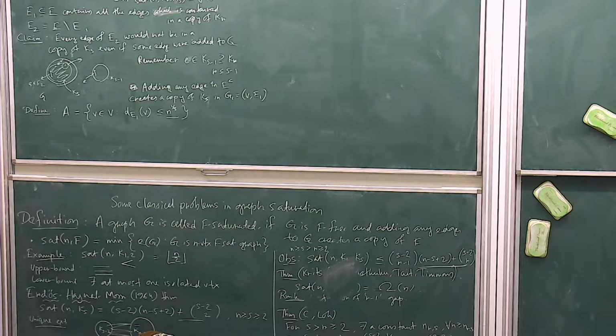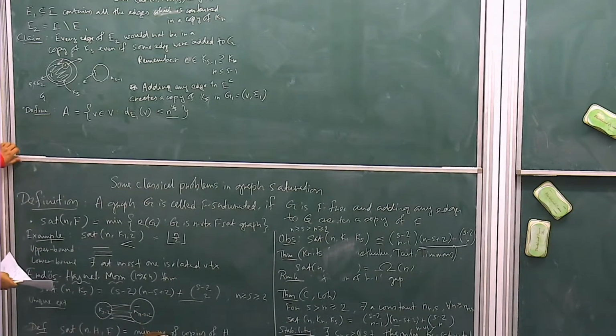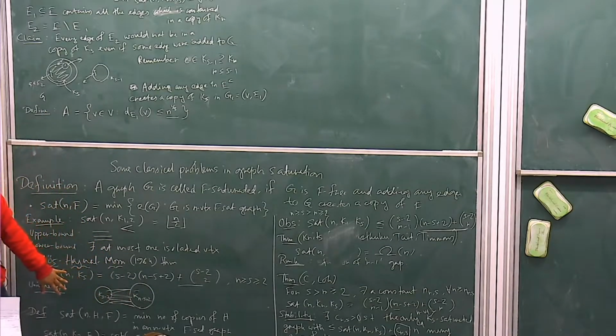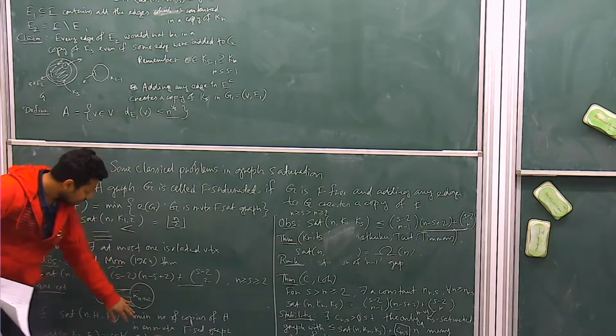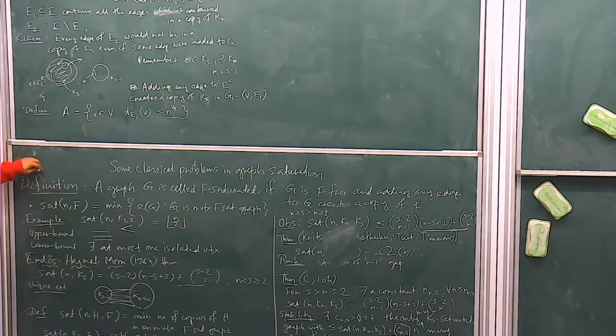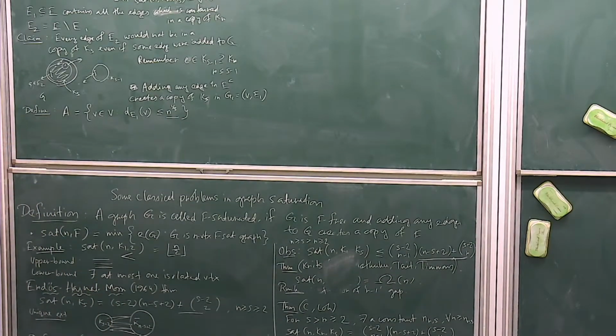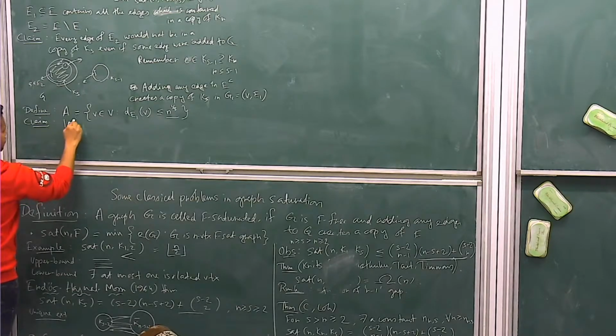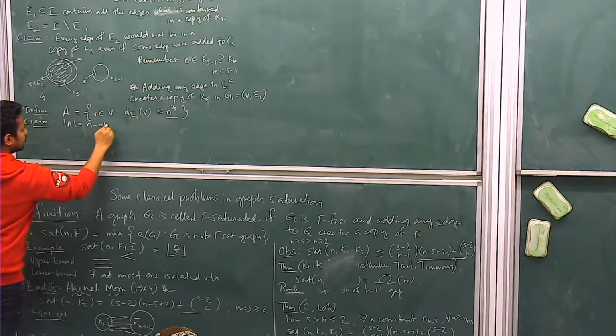If you look at the extremal graph, A is basically the independent set, right? Because they have small degree. So if we look at this set capital A, we claim that the size of A is n minus small o of n.